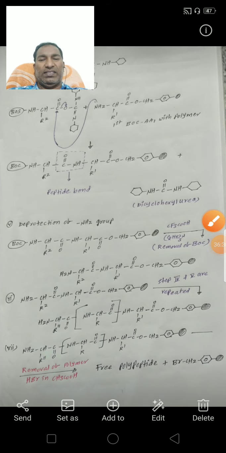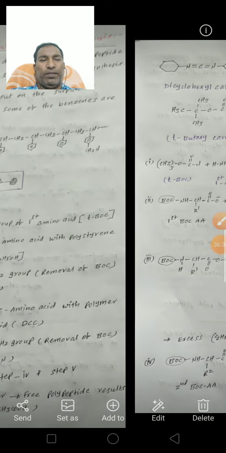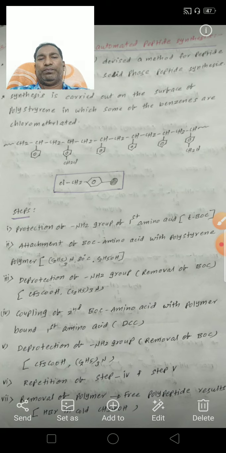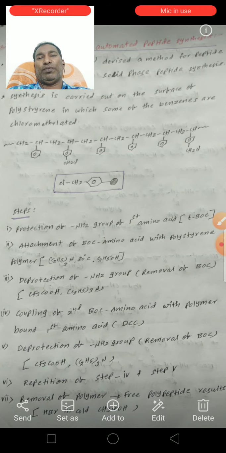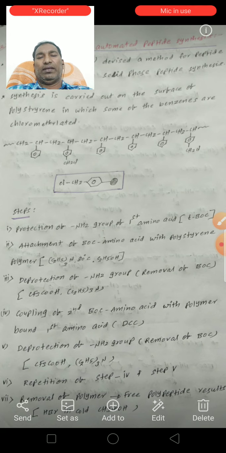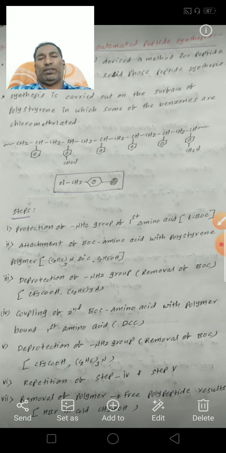In this synthesis, these steps are very important. First step is protection of the NH2 group of the first amino acid with tertiary butoxy carbonyl chloride. The second is attachment of the BOC amino acid with polystyrene polymer in the presence of triethylamine at 80 degrees centigrade in ethyl alcohol.